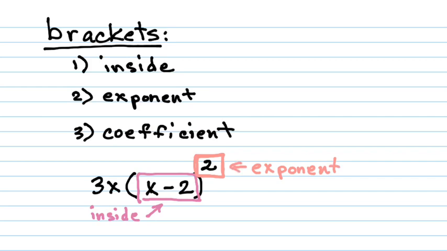Is the 2. Good. Okay? Good deal. And then finally, the last thing we're looking for is called the what? Coefficient, which simply means a multiplier. And what is the coefficient of this one? 3. Well, be careful. 3x. Yeah, it's the entire multiplier, 3x. That is the coefficient.